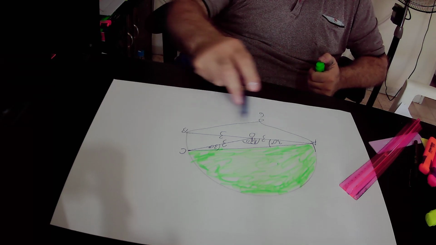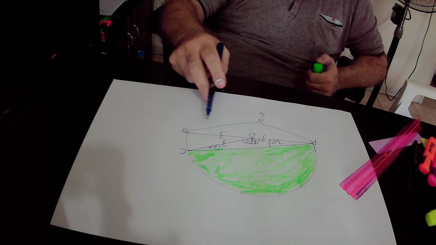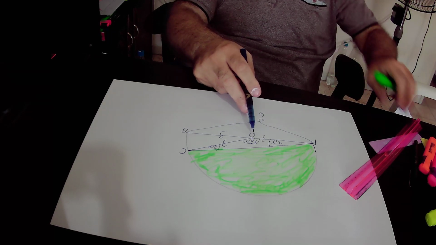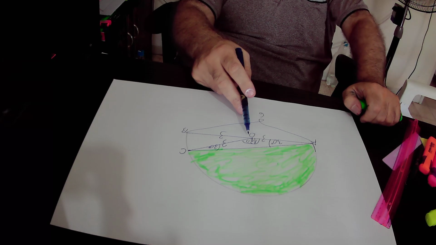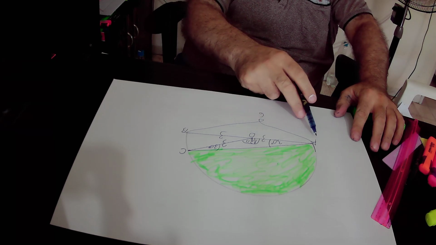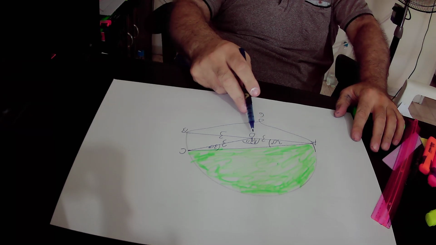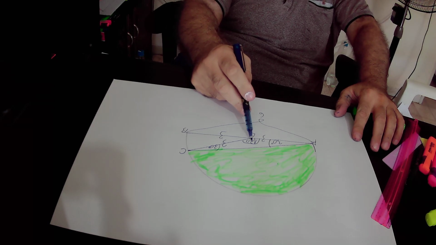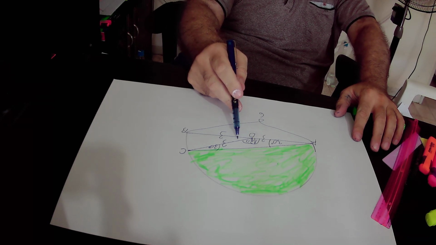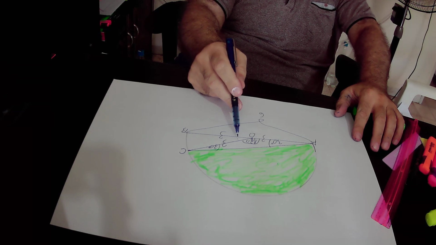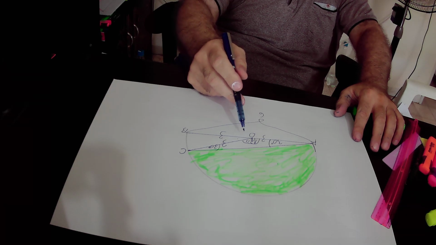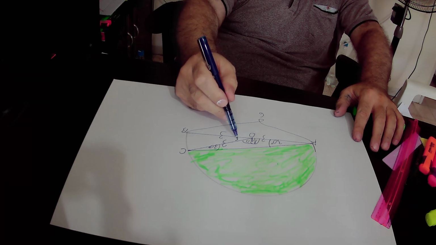So if you focus on the upper side of the straight line AB at point O, the sum of the angles must be equal to 180 degrees. Which angles do we have at the upper side of AB at point O? We have this angle that is equal to 120 degrees plus the size of this angle. In total, they must be equal to 180 degrees. So the missing angle must be equal to 60 degrees.